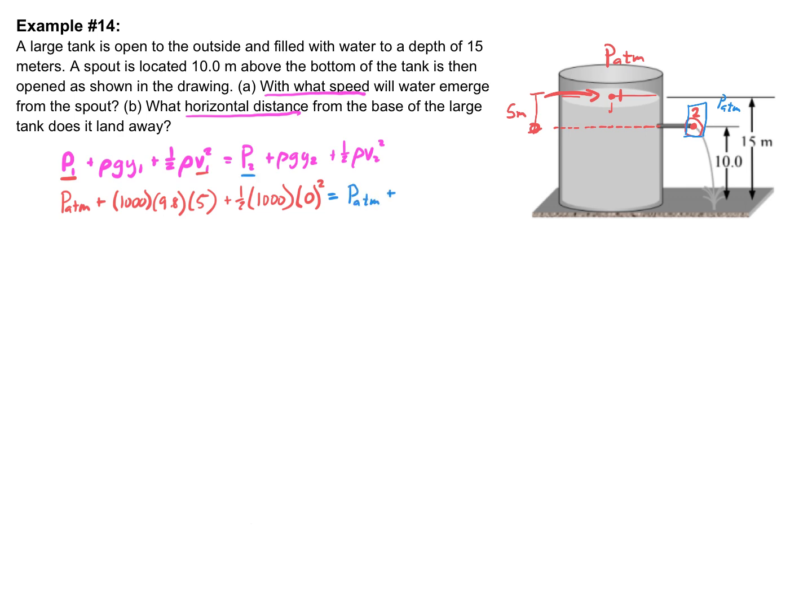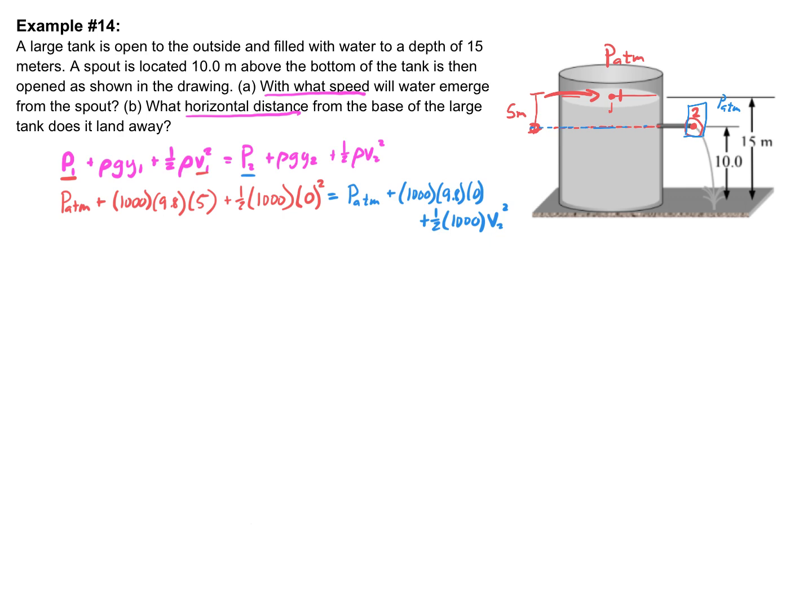Then we'll go plus rho, which is still the 1,000, times g, which is 9.8, times y, but this, remember, was my 0, and so I'm going to put 0 in for my y. And then I just go plus 1/2 times rho times v squared. And now I can solve for v, no problem, right?